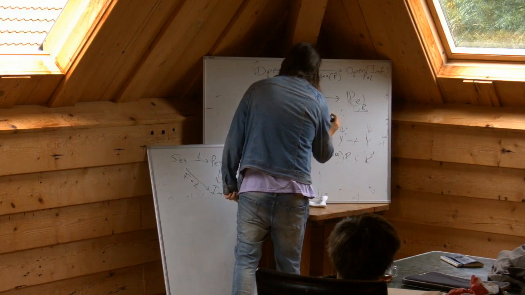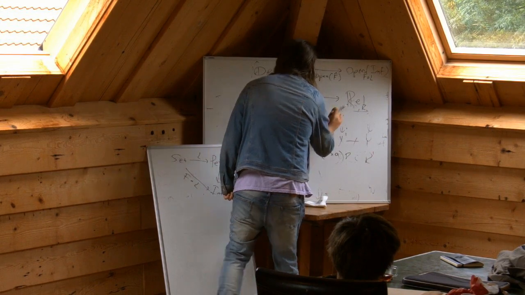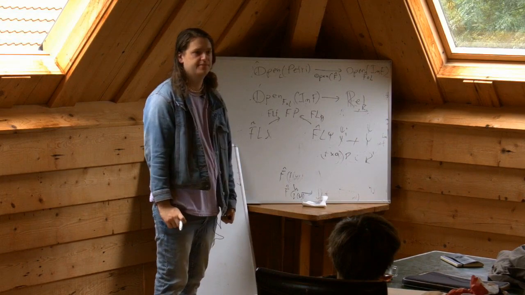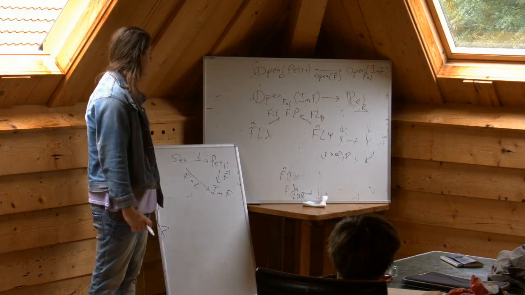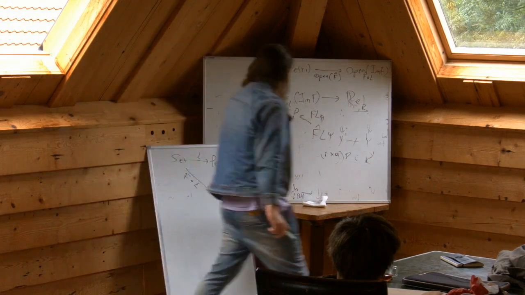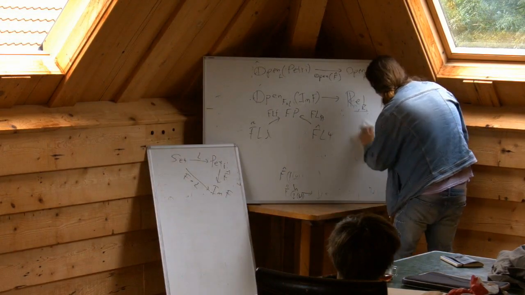Does this make sense as a horizontal one-cell in Open FL of MF? Okay, so that's your horizontal one-cell.